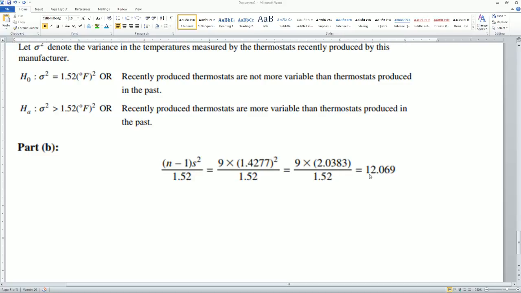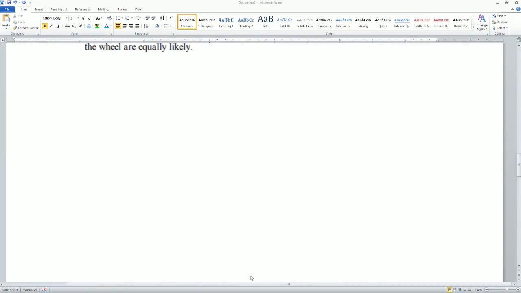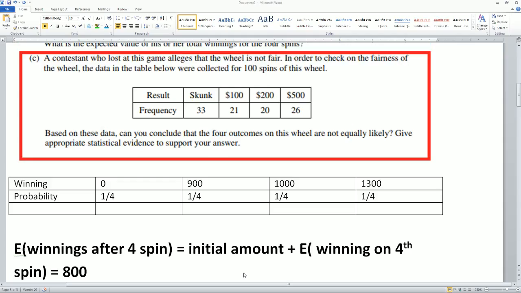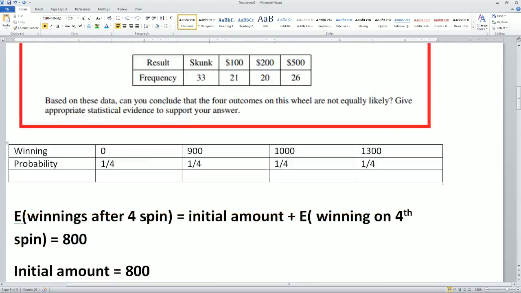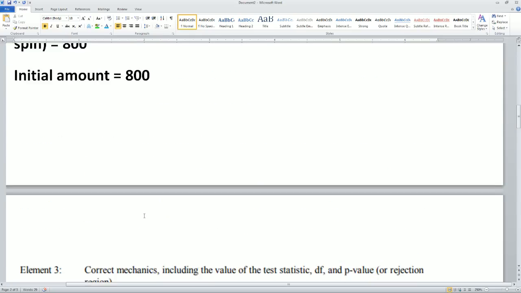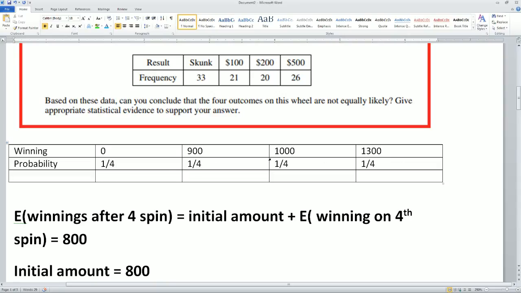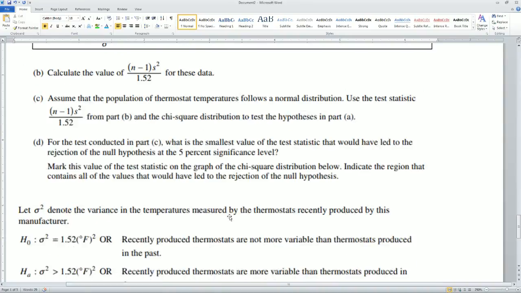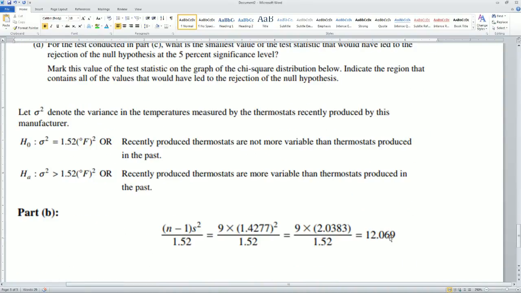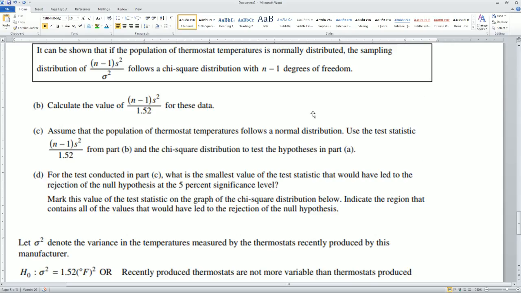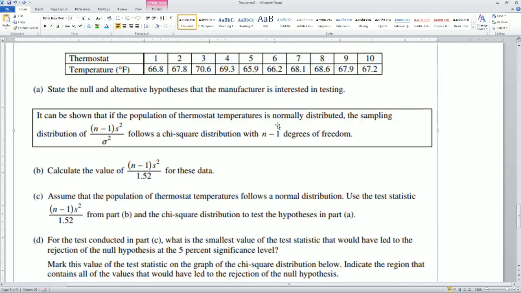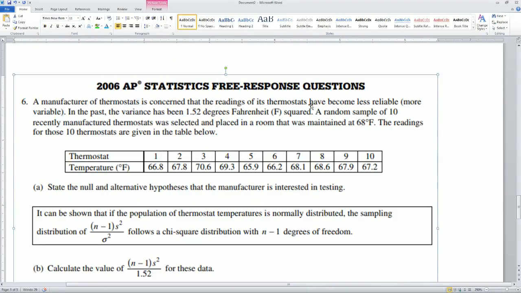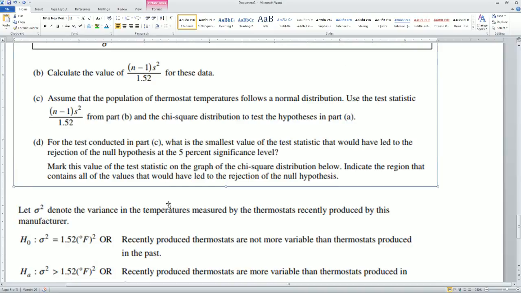What is that number? 12.069. Remember, we got the expected population was one fourth, one fourth, one fourth, one fourth. This is the expected value for the temperature.